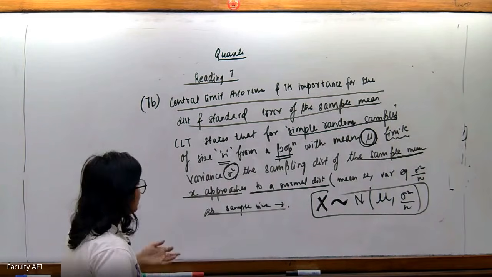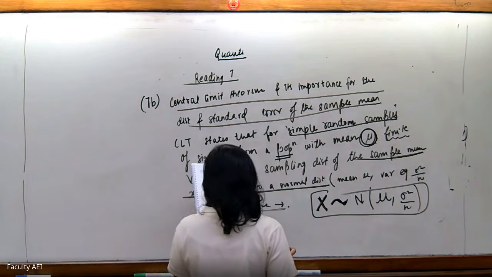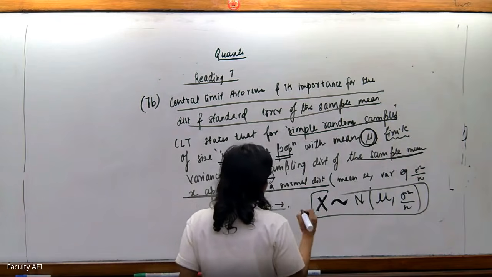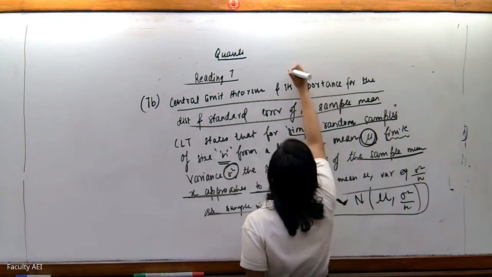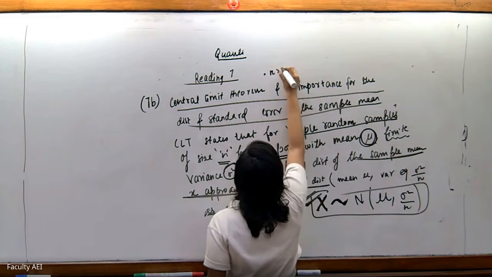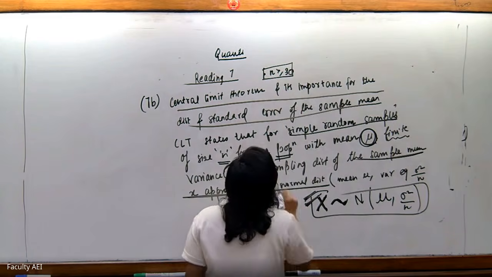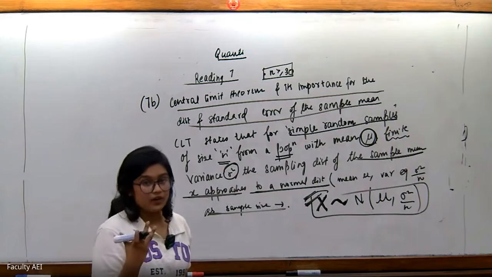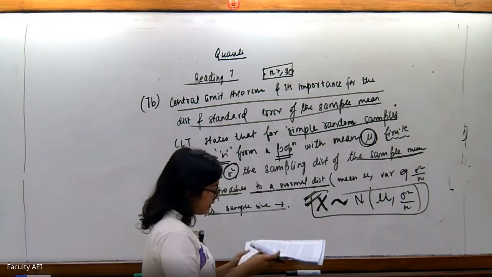Now, what are the important properties here? This will only happen if, number one, your n is sufficiently large, which means your n is greater than or equal to 30. Whatever your population size is, the number of values you have in your sample should be either equal to or greater than 30.